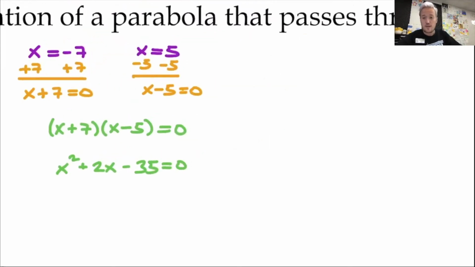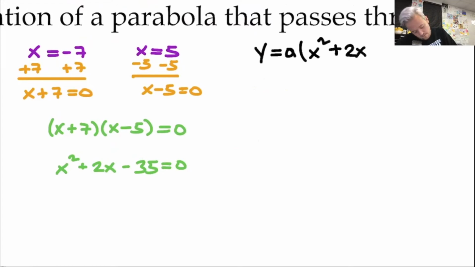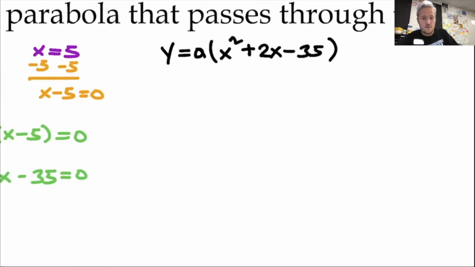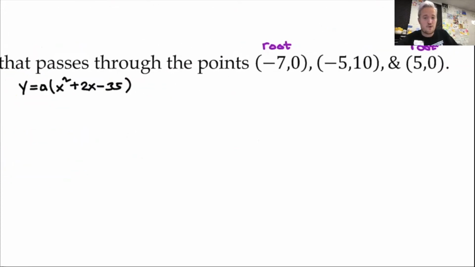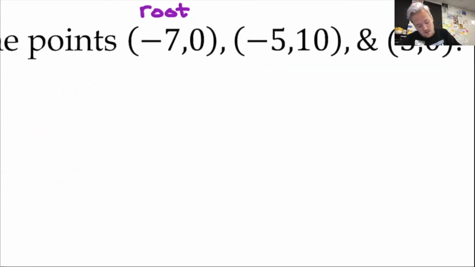All right, so now I'm going to plug it into the regression model. So that's going to be y equals a parentheses, and then that equation down there. The point I'm going to plug in is the other given point from the initial question. So I'm going to plug in (-5, 10) for my x and y value respectively.